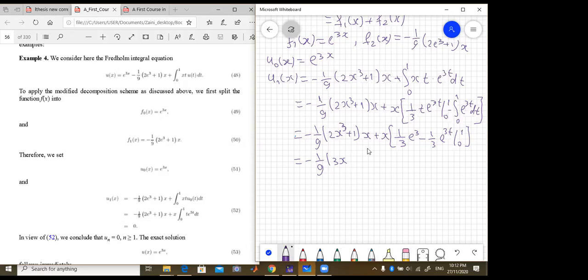Now this is not x cubed, this is e to the power 3. So it is 2e³ plus 1, times x.